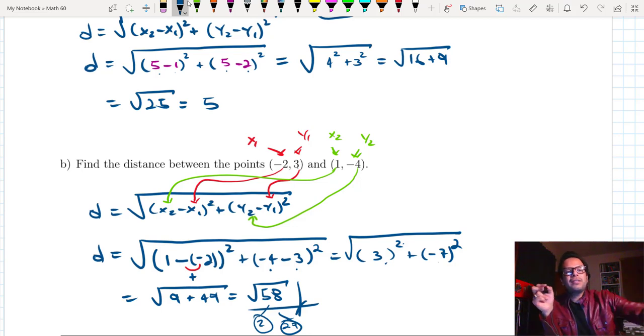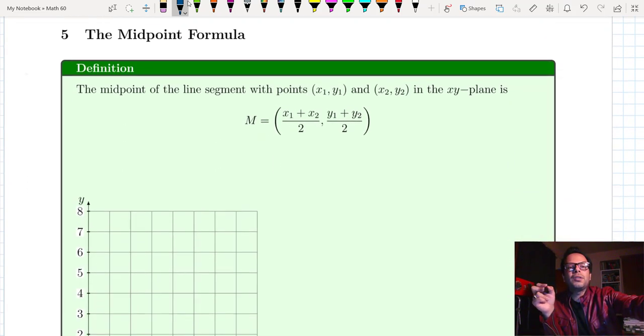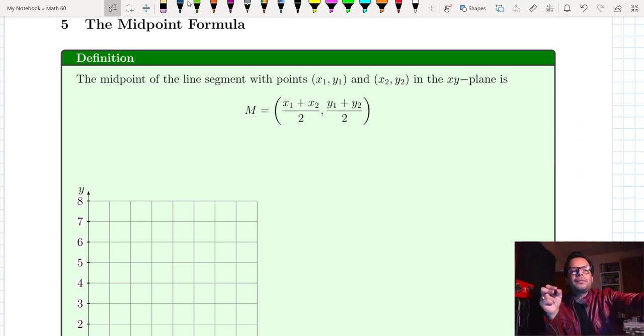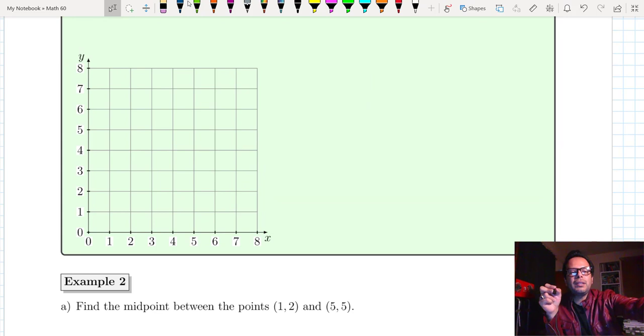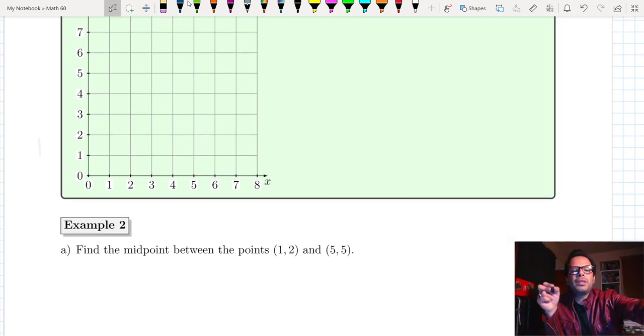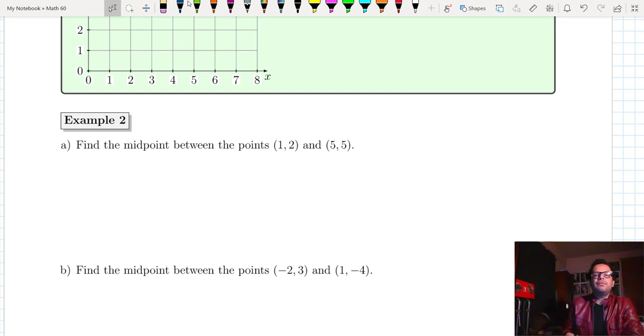And we look at the last of the pages, which is another application. That's the midpoint formula. Let me just do one example. Let's find the midpoint between the points 1, 2 and 5, 5. Let me write the midpoint formula down.